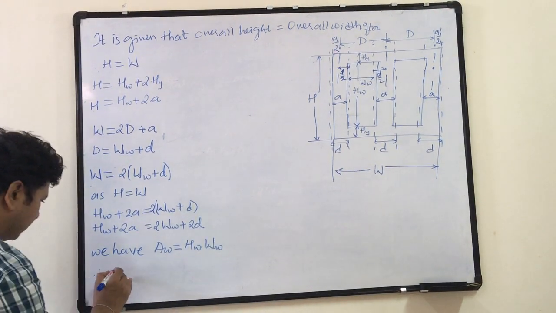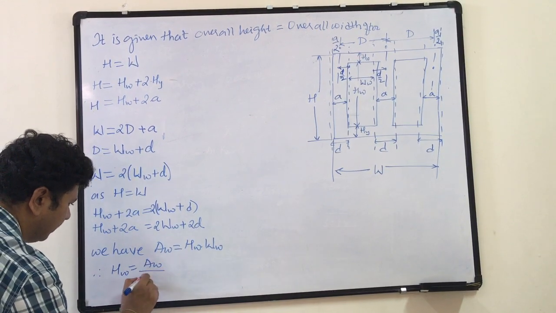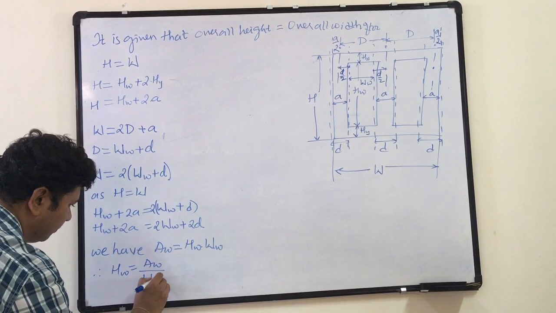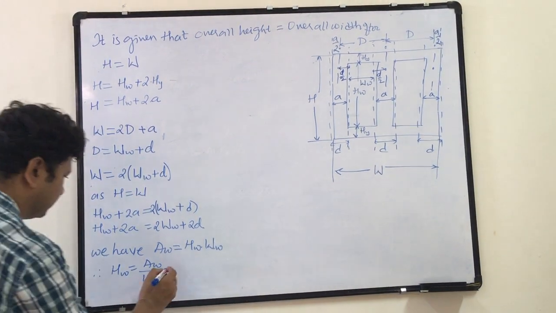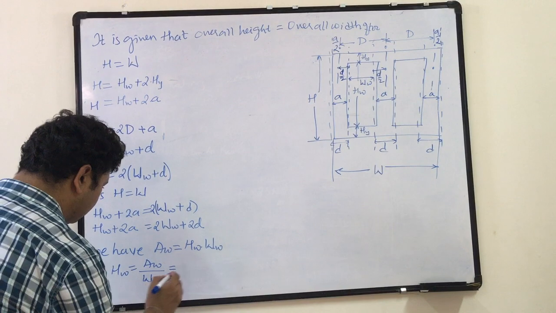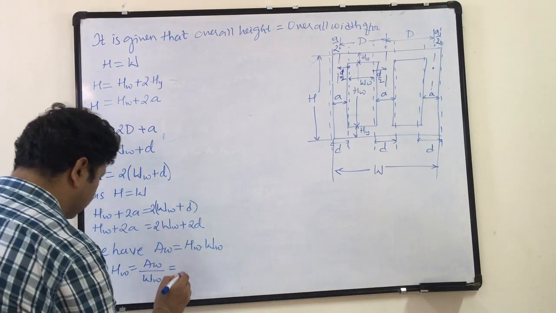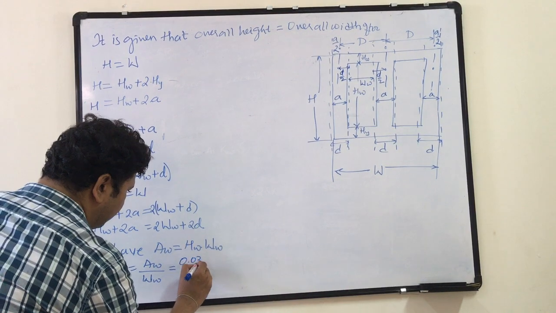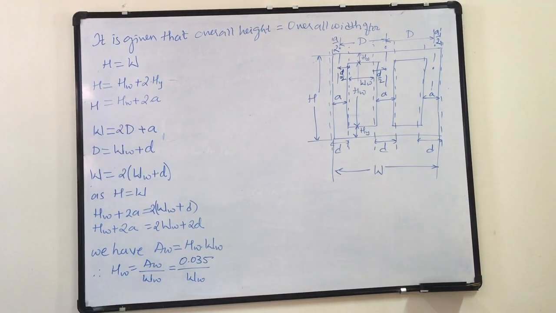So I will write height of window is equal to area of window divided by width of window. Okay, and this comes out to be area of window is 0.035 divided by width of window.